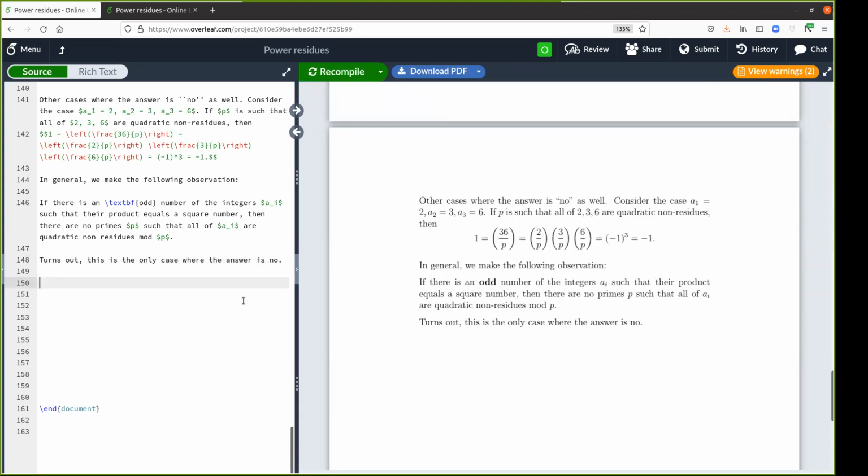And okay, then for the proof, I will make some simplifying assumptions, which are not very serious, but you might not like them. So you can check the other cases if you want.